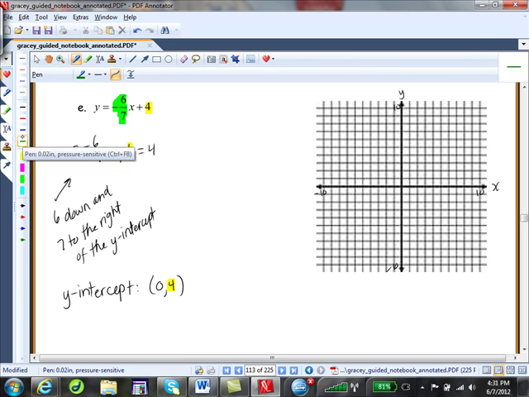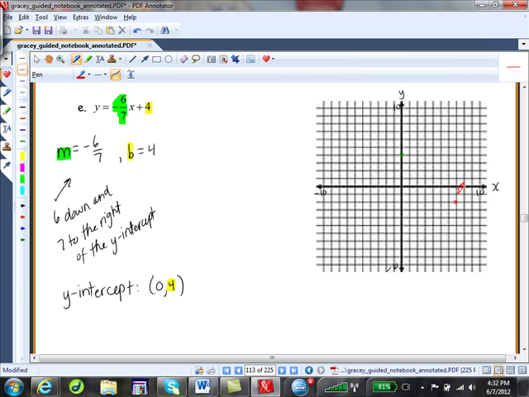And plotting our intercept, we're at 0, 4, 1, 2, 3, 4. And then our second point using slope is 6 down. So 1, 2, 3, 4, 5, 6. And then we said 7 to the right. 1, 2, 3, 4, 5, 6, 7.